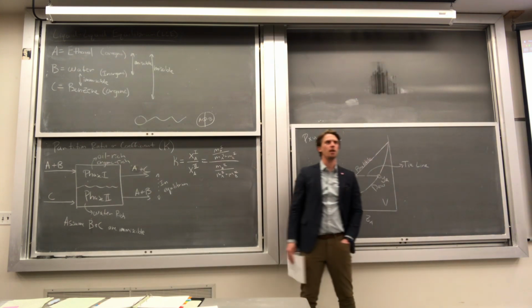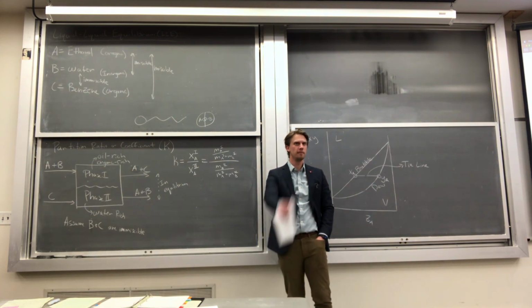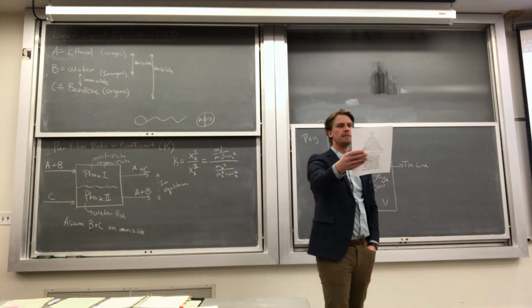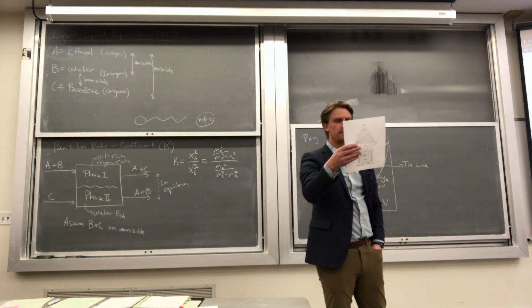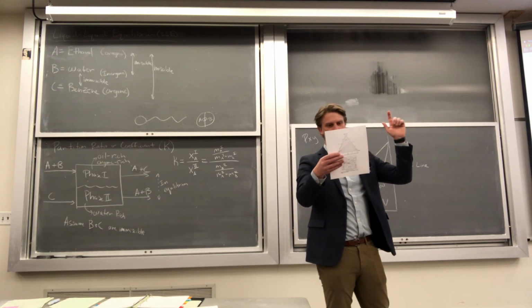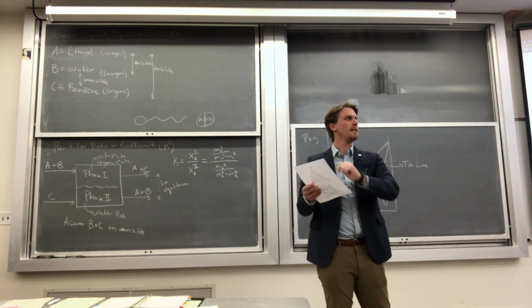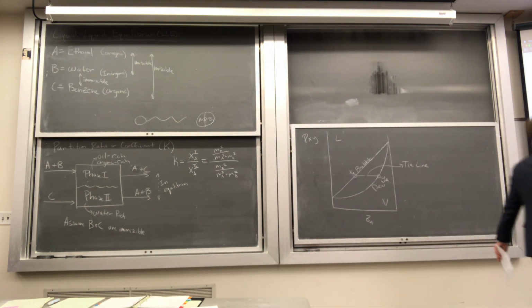What is the composition of the mixture at point 1? Is the content of A 10%, content of B 60%, and the content of C 30%? Yes, correct. Okay, so let's go over that answer.